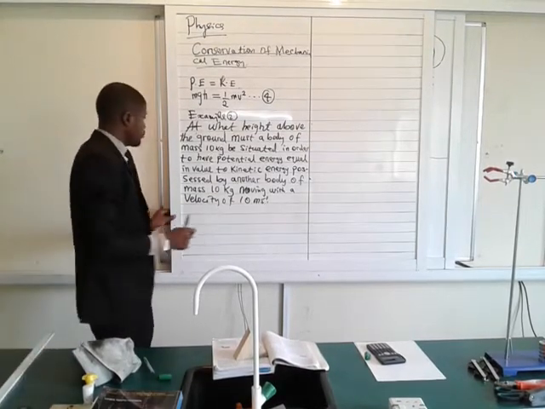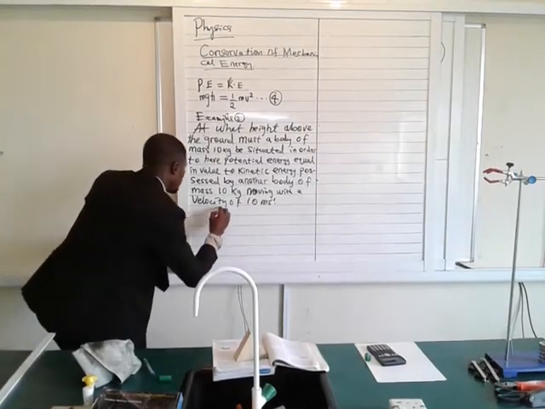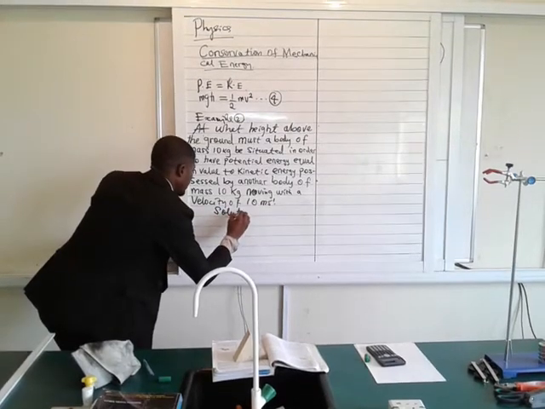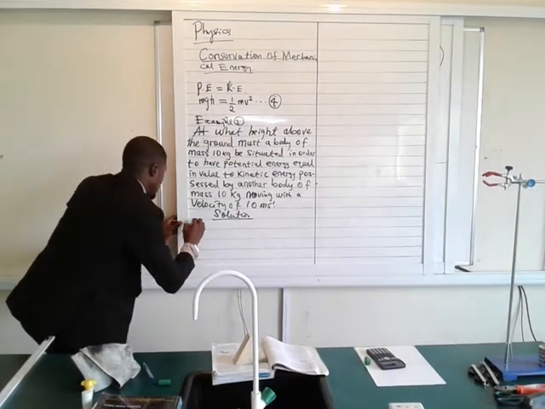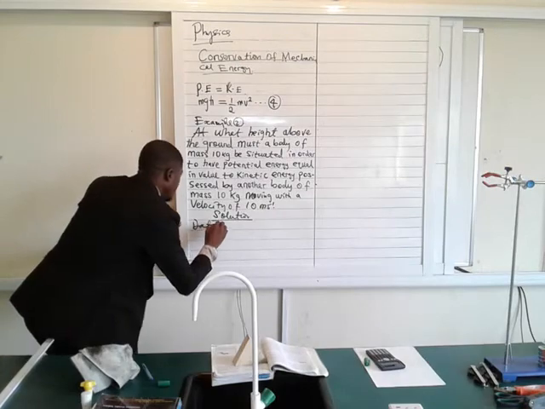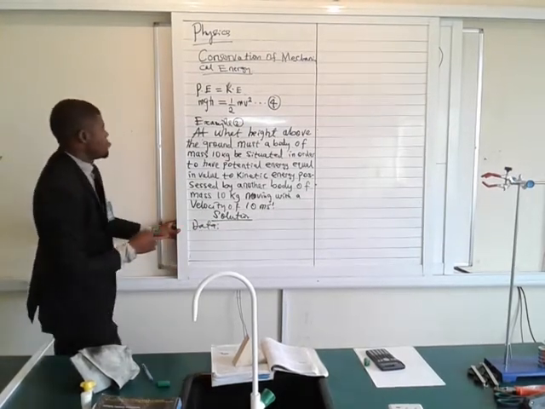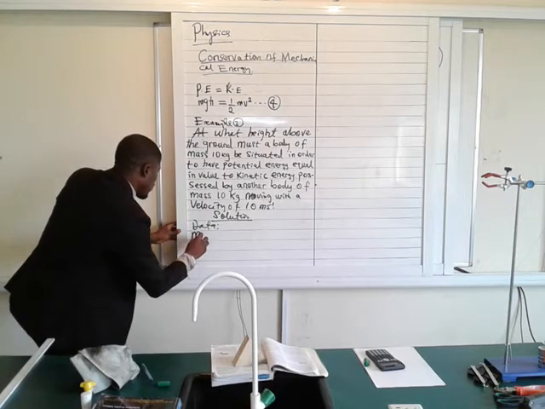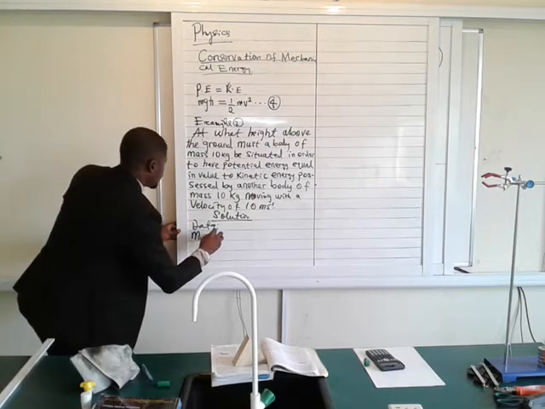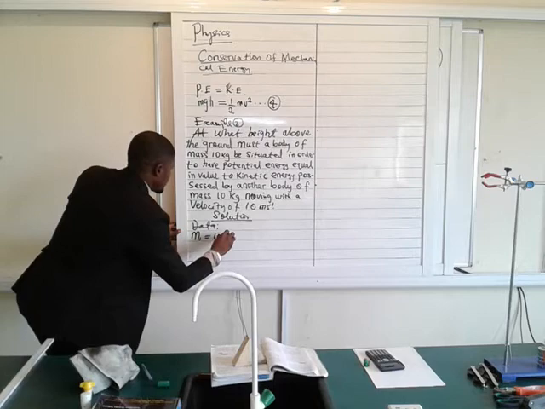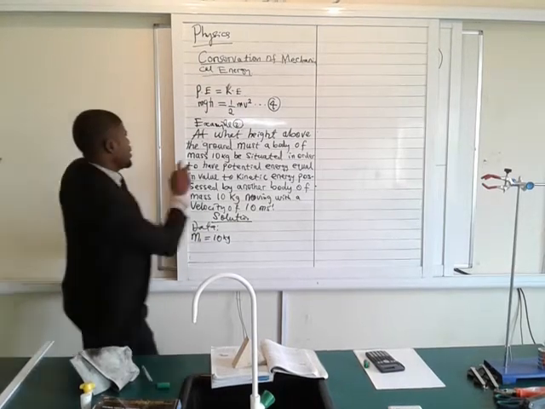Simple. Solution. As usual, data. Let's say mass 1, m1, is equal to 10 kg.